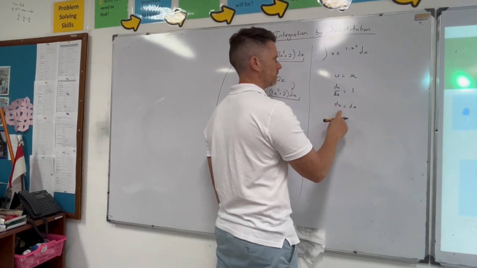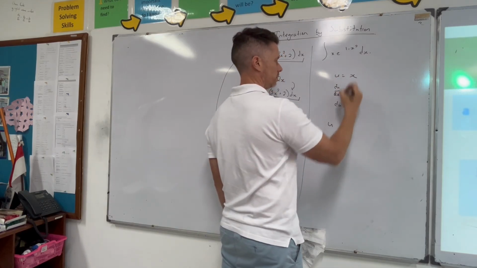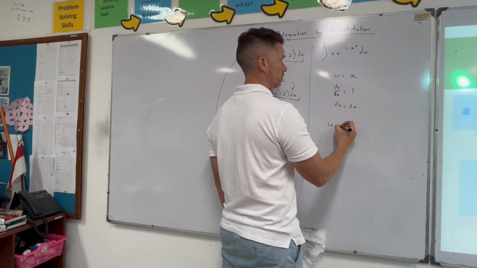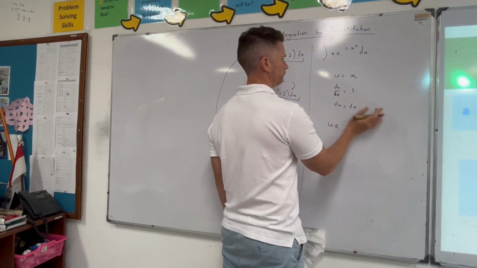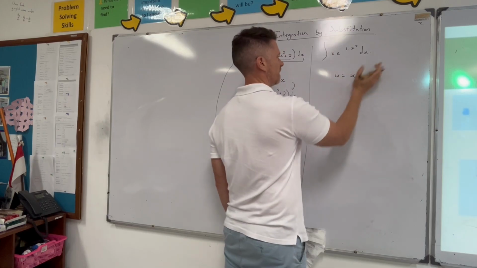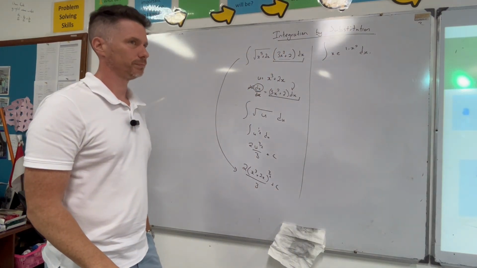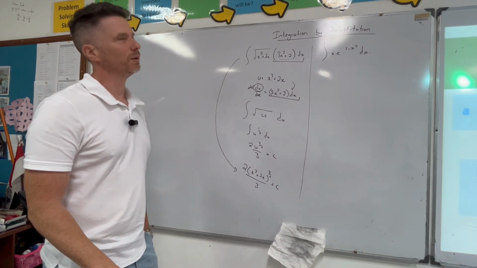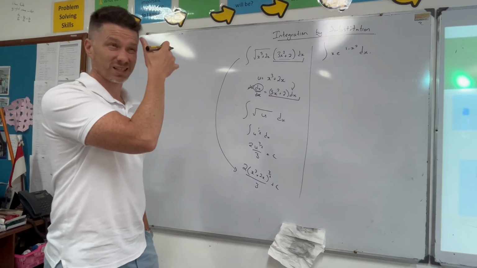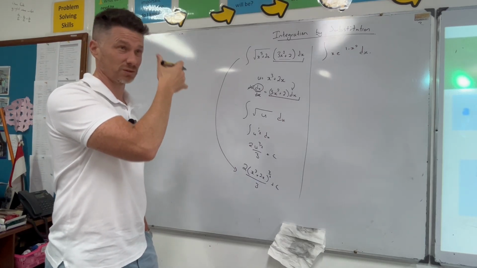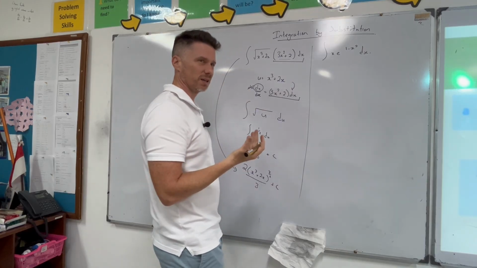But if I sub in for u, I get e to the 1 minus u squared. You can integrate that, it would work. No, it's going to be e to the 1 minus u squared, which is the same problem again.